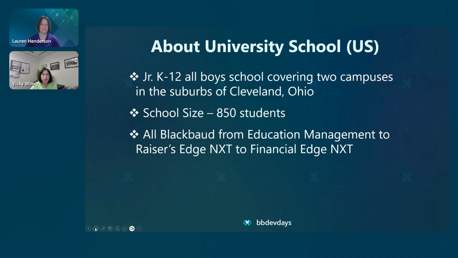We've been using Blackbaud, from education management to Raiser's Edge to Financial Edge, since 2006. We were previously Whipple Hill School, using the Whipple Hill platform before Blackbaud purchased Whipple Hill.